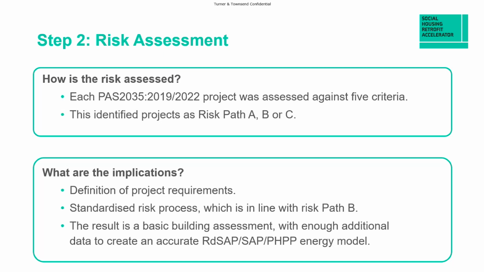And then we've talked about this identified as risk pathway A, B, and C, but as it says below, we're now delivering everything under pathway B. So that is a standardised risk process. There is another slide where we'll look at these risk pathways. I think it's coming up on the next one, and you'll think, well, hang on, I thought we got rid of those risk pathways, but come back to that.